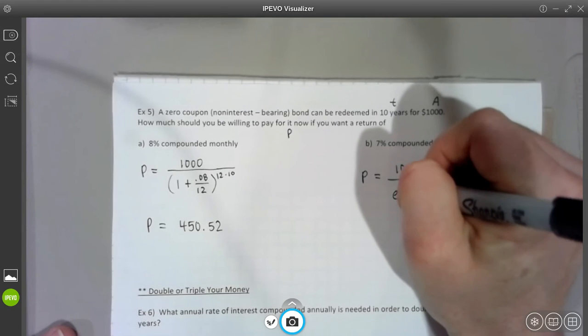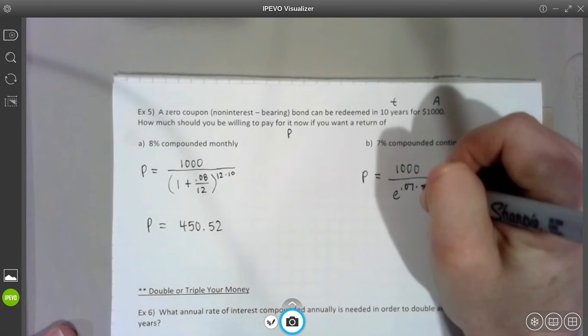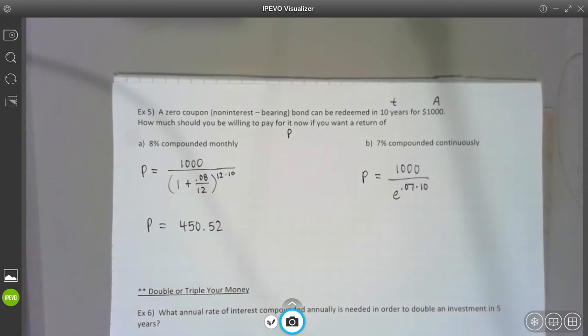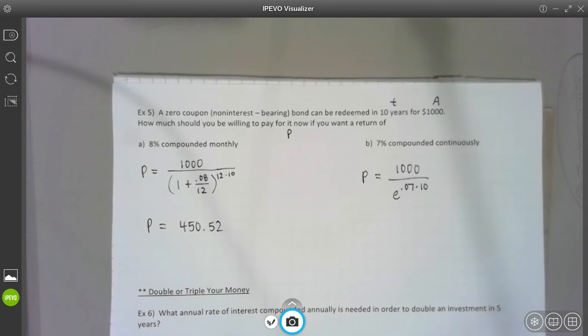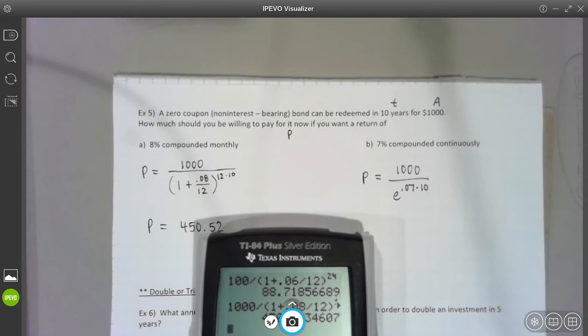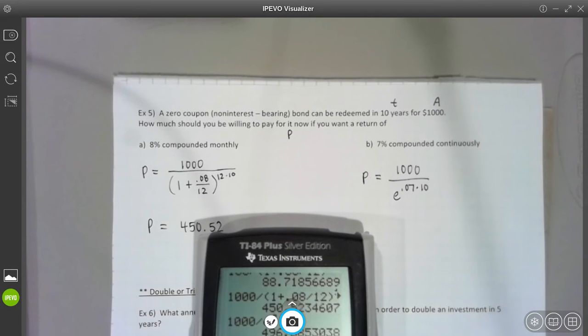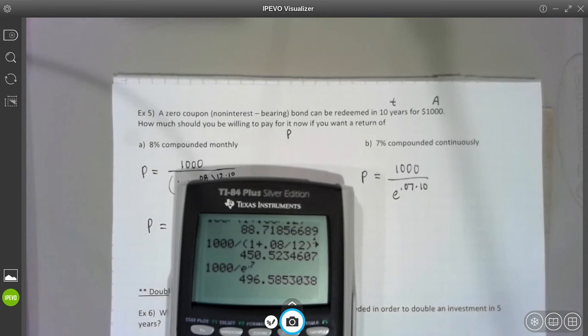So e to the 0.07 times 10. So obviously 0.07 times 10 is 0.7. So let's do that one and see what you should purchase it for in that scenario. And you should purchase it for $496.59.